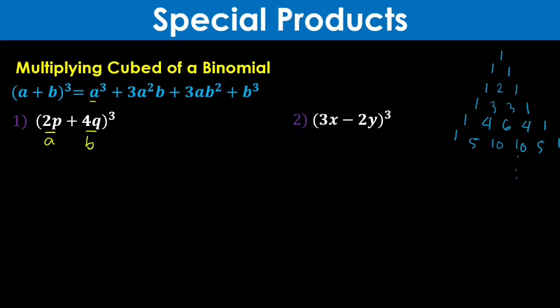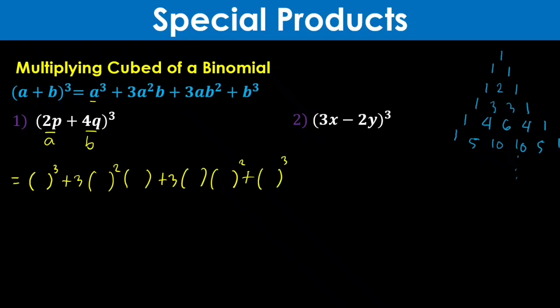Now to do that, you just simply form this structure here. This is our A cube. Plus 3 times A squared, then times B, plus 3A, then B squared, plus B cubed.